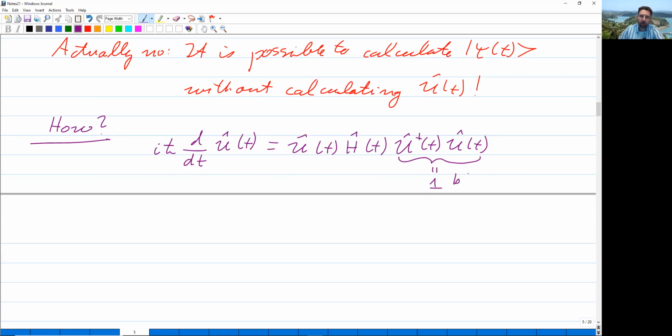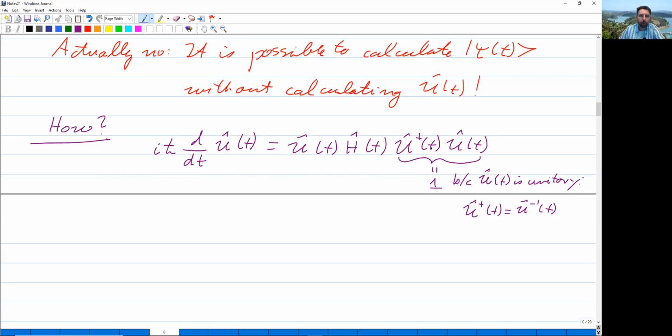Because u hat of t is unitary. And remember, unitary means u hat dagger of t is equal to u hat inverse of t. All right, so we didn't do any damage to our equation. It's still true by just multiplying with the identity and writing the identity in a slightly complicated way.